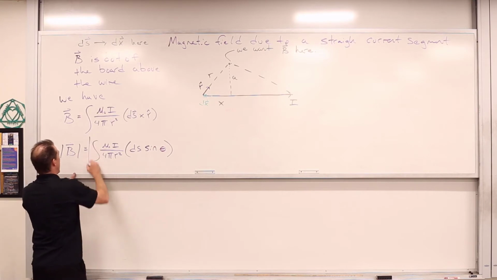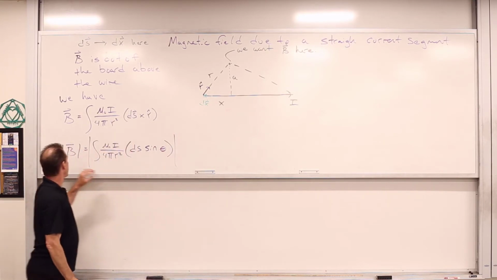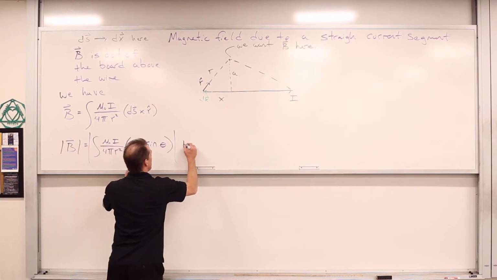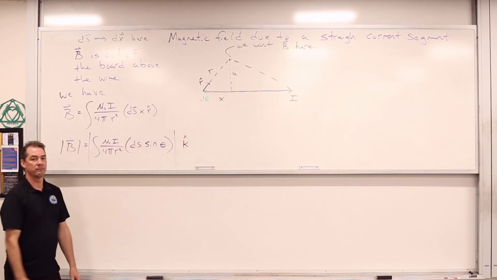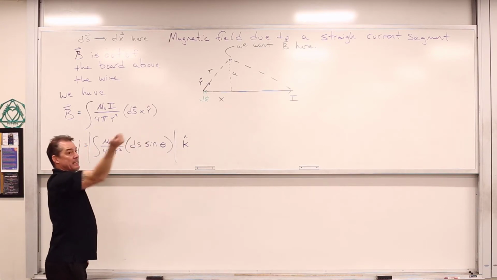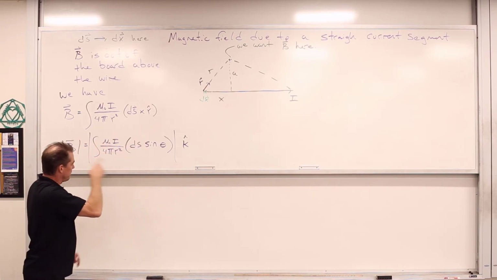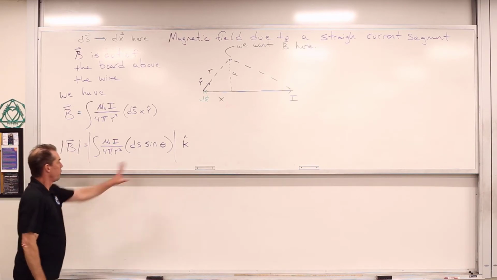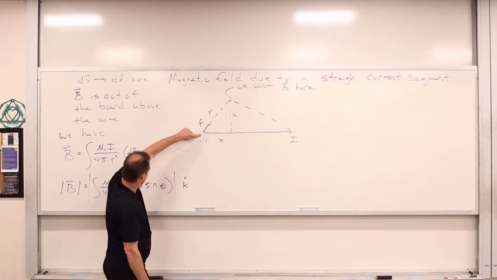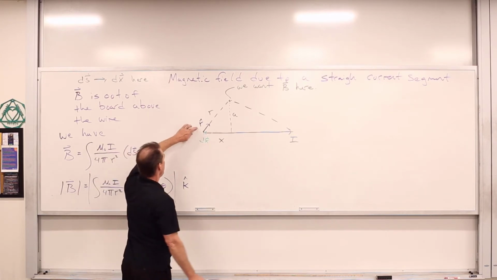And we can take the absolute value of this, just because again, we're only looking at the magnitude here, and say that this is in the k hat direction. It's in the z direction. If x is that way, y is that way, then z is out of the board that way. So this is how we start doing this. What is this angle theta? The angle theta is the angle between this dx and this r hat.